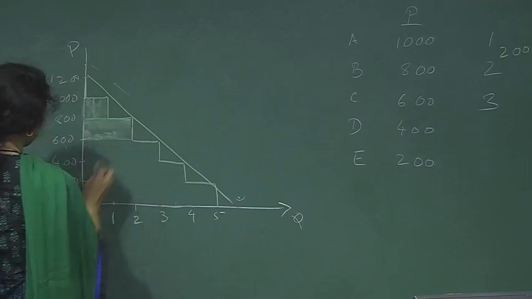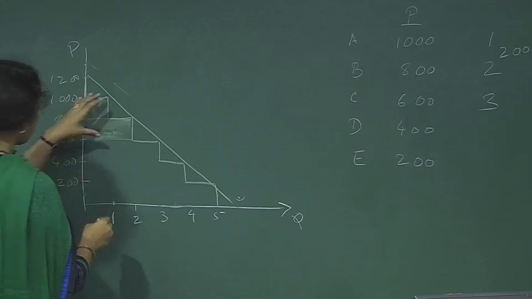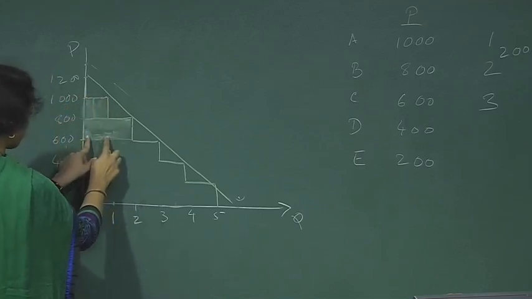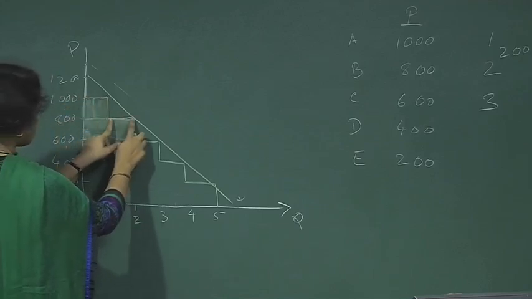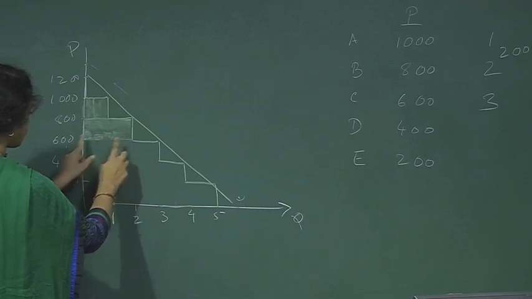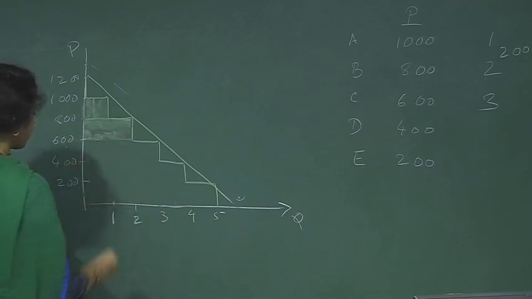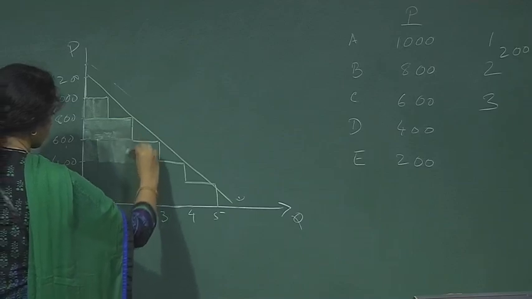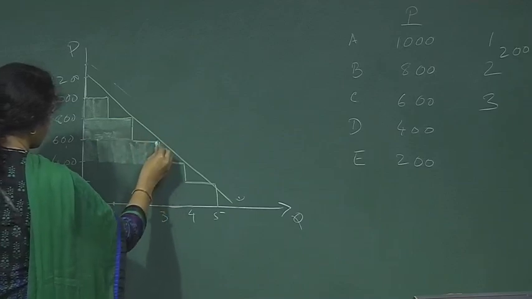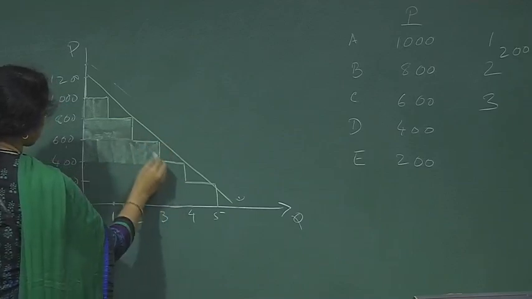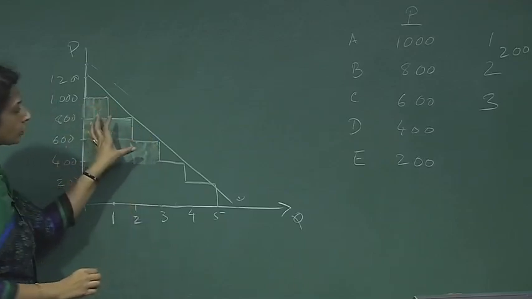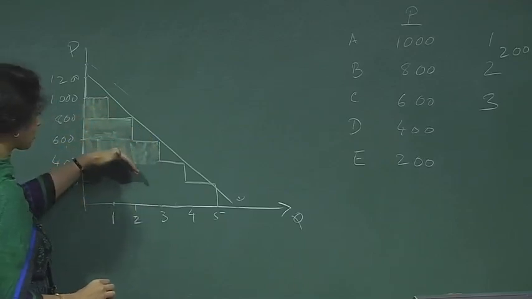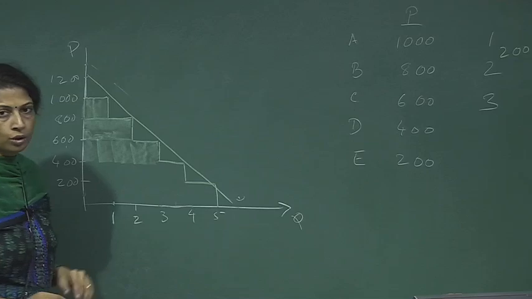When the price is 600, this entire area of 400, this is for A, and additional this amount of 200 is for B. So, similarly, if the price goes down even lower, then this is the amount of surplus that all the people who are entering the market or buying the product are going to get.